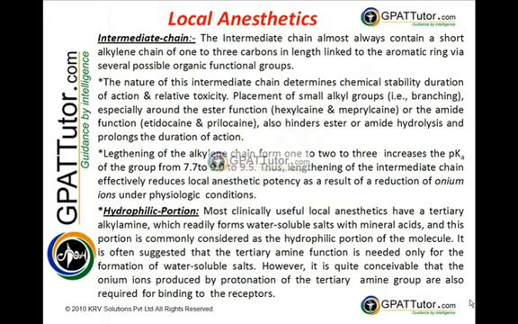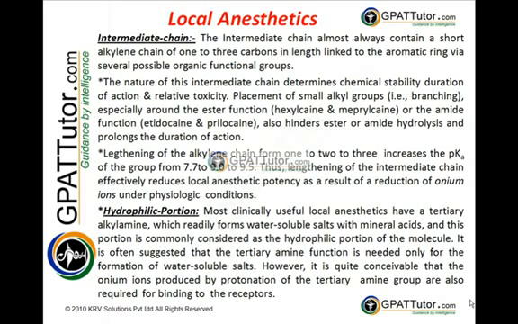Thus, more lengthening of this intermediate chain effectively reduces local anesthetic potency. The nature of this intermediate chain also determines chemical stability, duration of action, and relative toxicity. Placement of small alkyl groups and branching, especially around the ester or amide function, also reduces metabolic deactivation like ester hydrolysis or amide hydrolysis, and hence promotes a long duration of action.